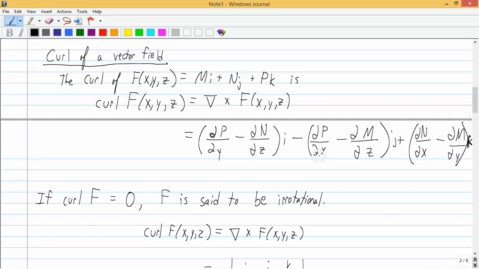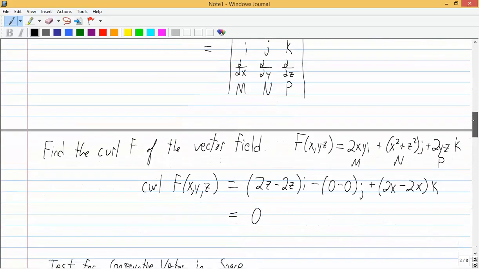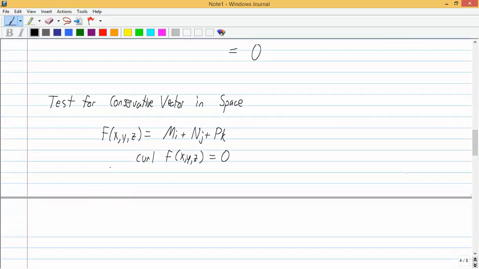The partial of P with respect to x has to be equal to the partial of M with respect to z. And the partial of N with respect to x has to be equal to the partial of M with respect to y. I can write all those down, but they come straight from that formula. Remember, if the whole thing is equal to 0, then all those parts must be equal to 0.